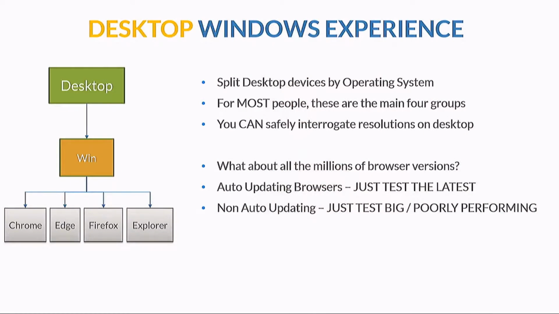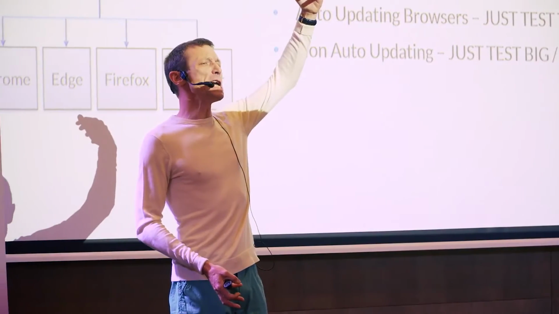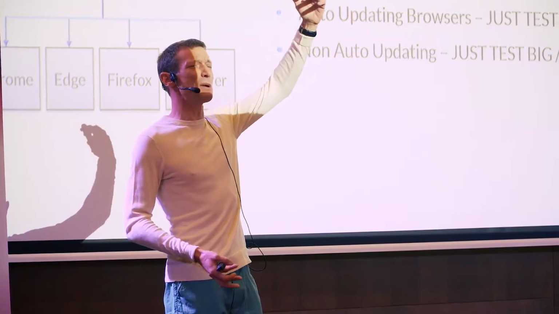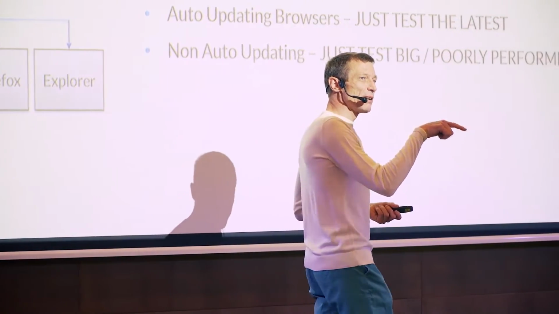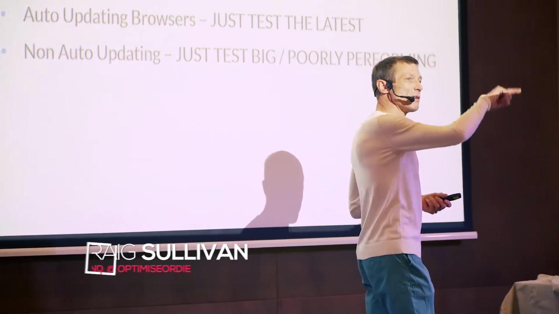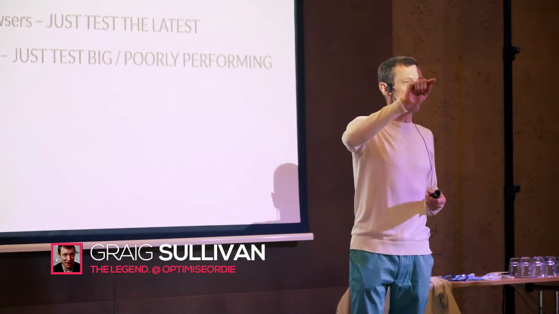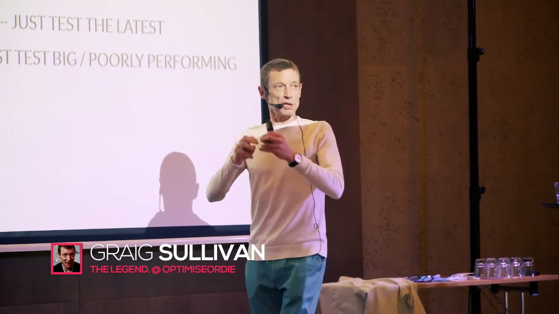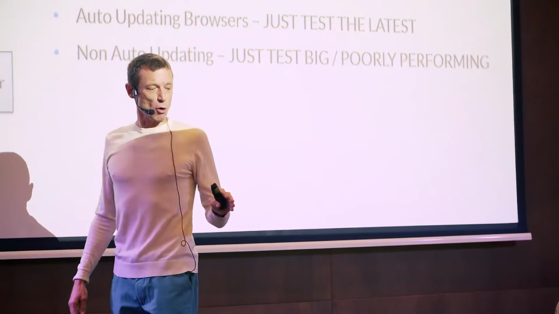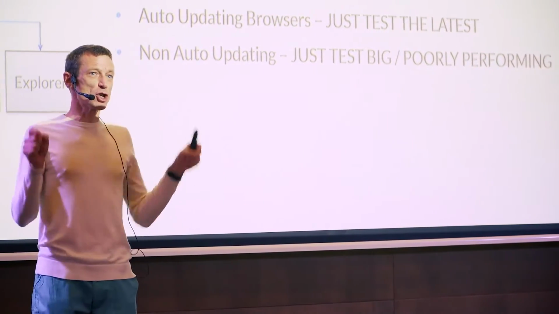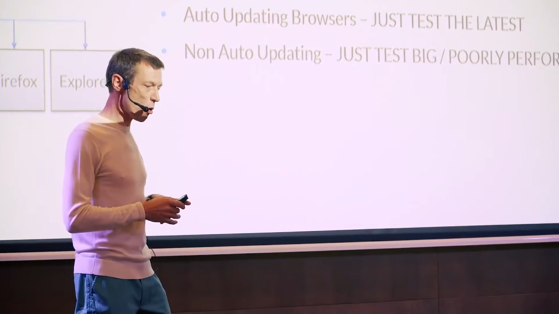But what about all these millions of browser versions? When we look at Chrome, we have like 900 versions of Chrome. How can we test them all? You don't have to, because the ones that you're looking at in there are getting upgraded every day. So by the time you look next week, all the ones that are on version 31.5 will be on version 31.6. So with auto-updating browsers, just test the latest one, not all of them.